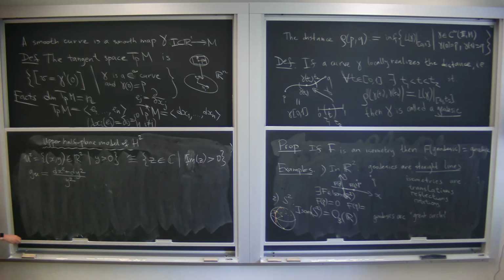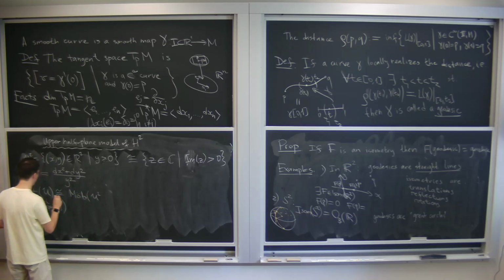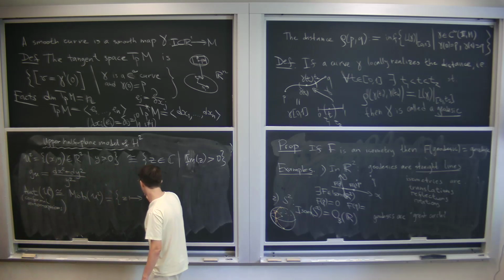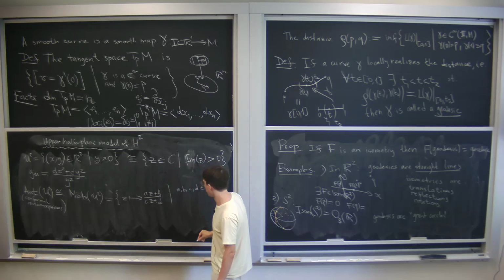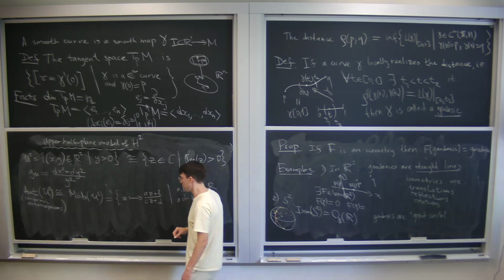And it is a well-known fact that the group of conformal automorphisms of U2, conformal automorphisms in the sense of complex analysis, is isometric to the group of Möbius transformations on U2, which consists of maps z to (az plus b) over (cz plus d), such that a, b, c, d are real, and ad minus bc is non-zero.